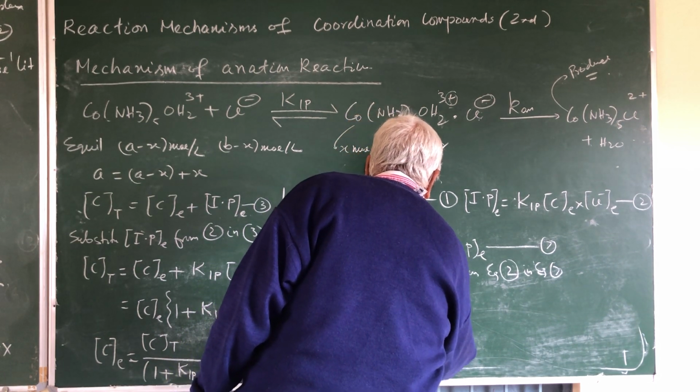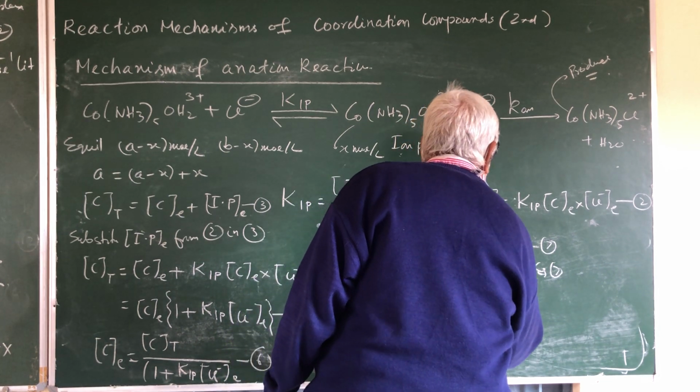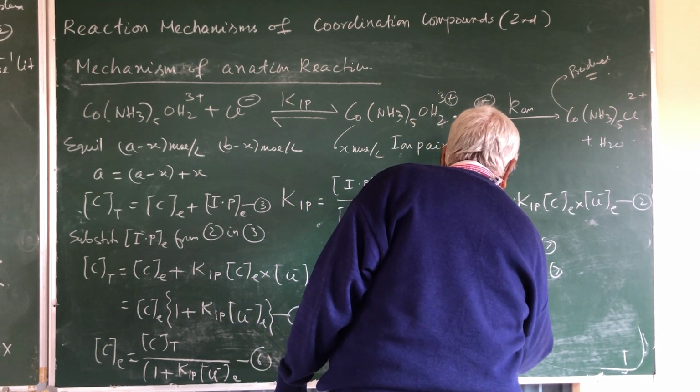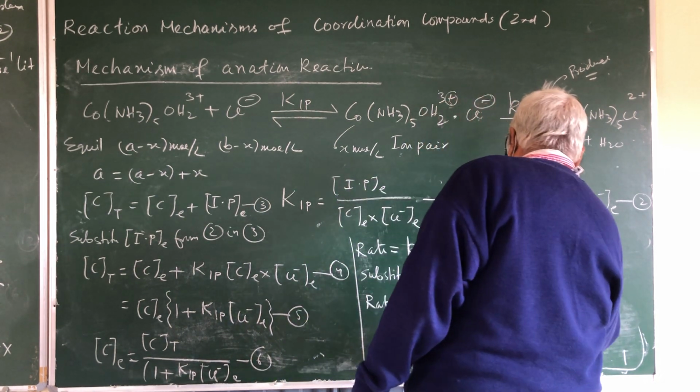The rate is equal to k anation K IP into complex equilibrium into chloride equilibrium, equation 8.